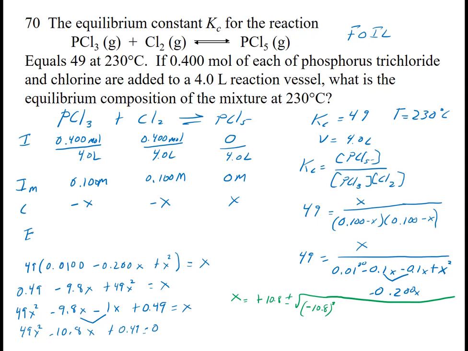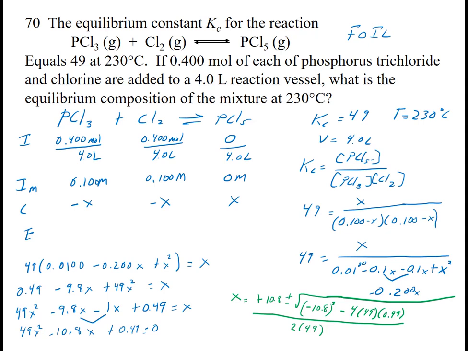And I usually drop that negative because when I square even a negative, it becomes a positive, but I'll put it there just so you understand it. Minus 4 times a, which is 49, times c, which is 0.49, all divided by 2 times 49.